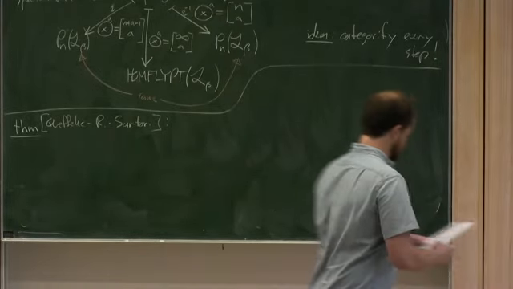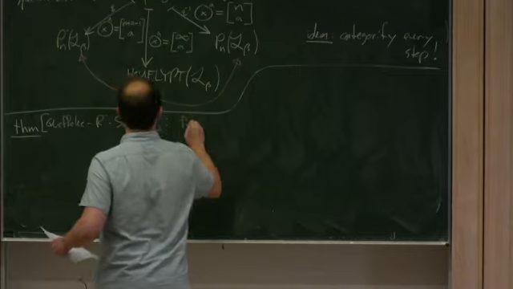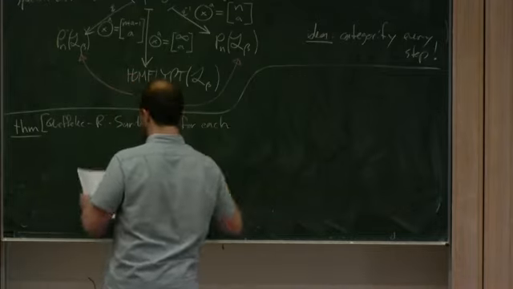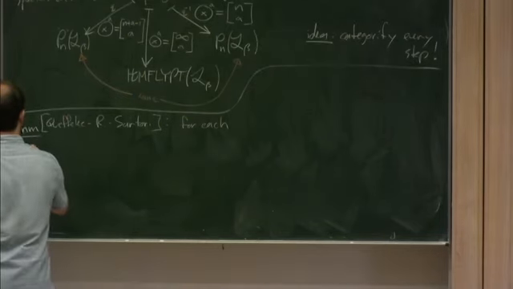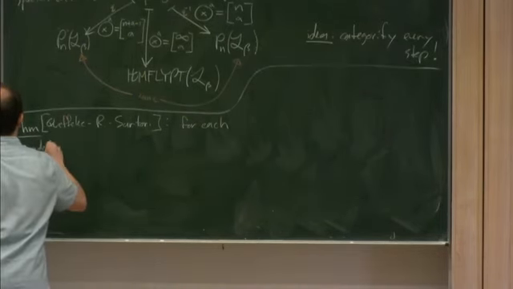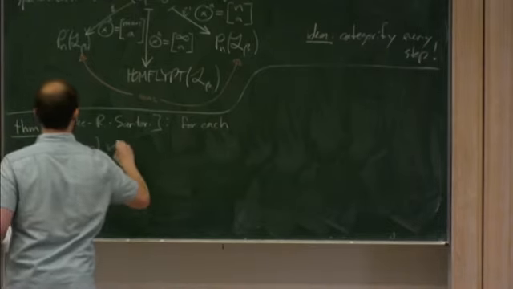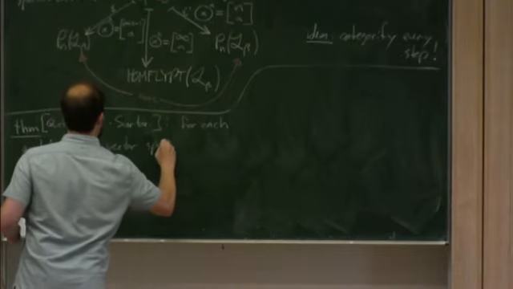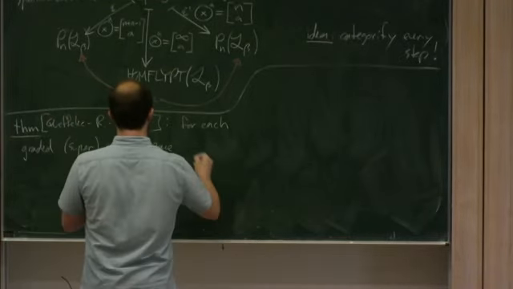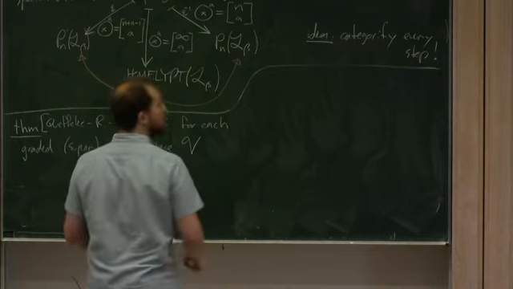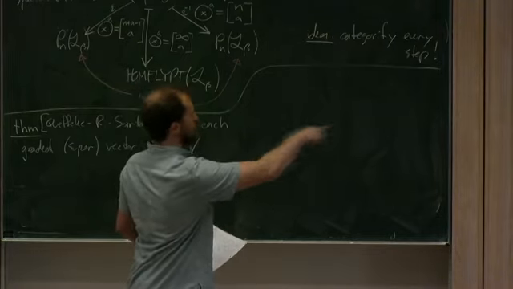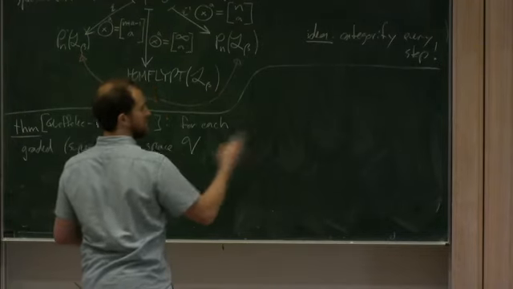Okay, stated in this generality. So for each graded, super, if you want, vector space squiggly V. The V sub A's over there will be built out of this one squiggly V. This is like just V1.